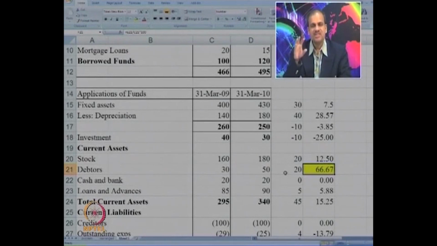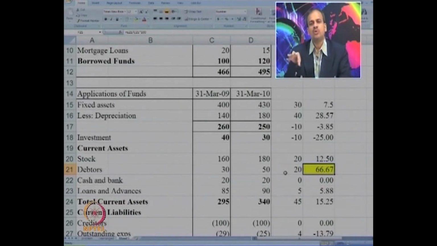So what perhaps it shows is there is some issue, because now there may be some items which are accumulated unpaid for a very long time, or there is also a possibility that there are some amounts which are unlikely to be received, but they are just continued to be shown as debtors.